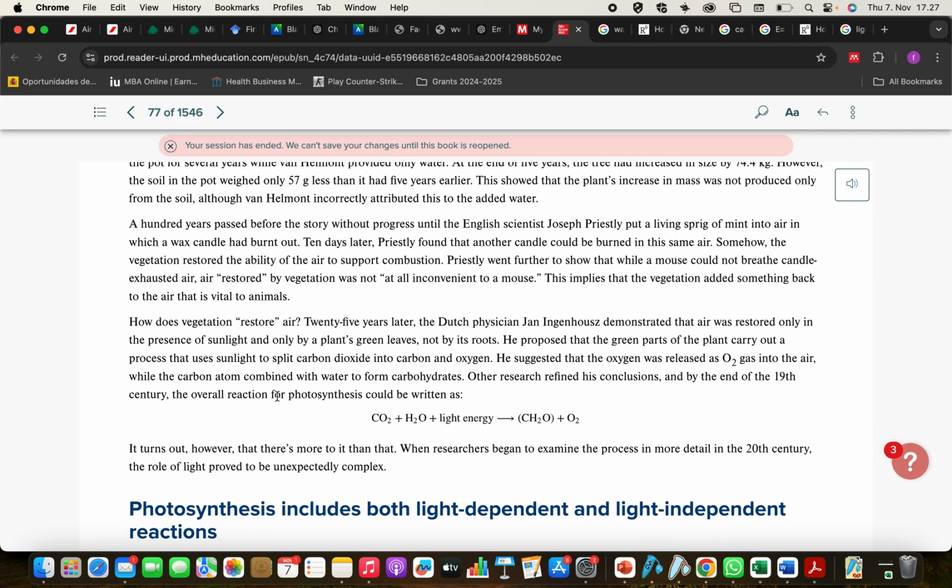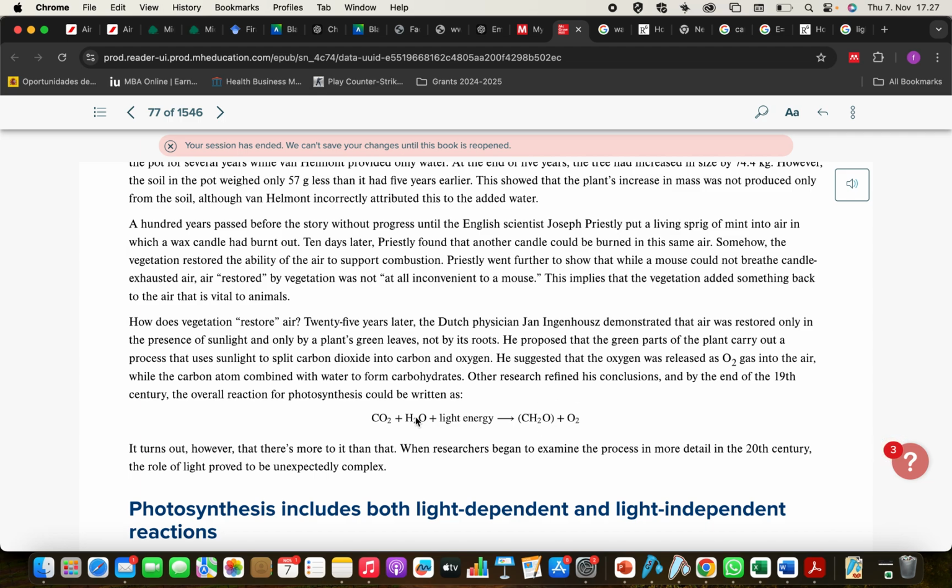And then later, this physician, sorry, called Jan Ingenhousz, 25 years later, started to look at what this thing that's being released is. What he proposed was that these leaves are taking up carbon dioxide and water with a bit of light energy, and creating glucose.